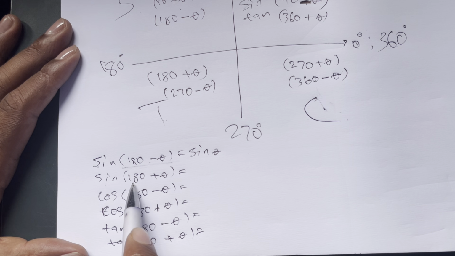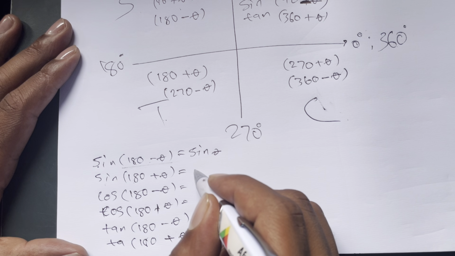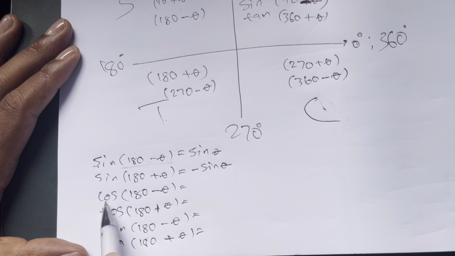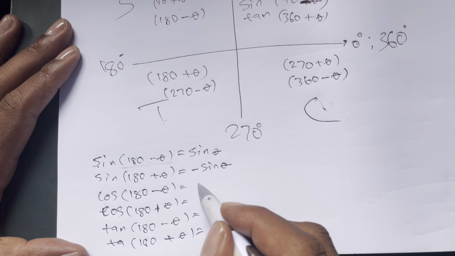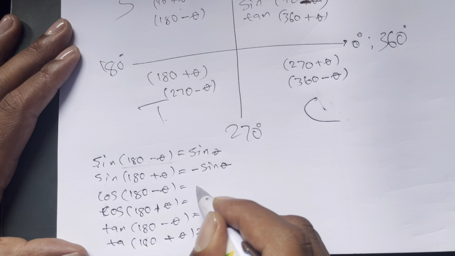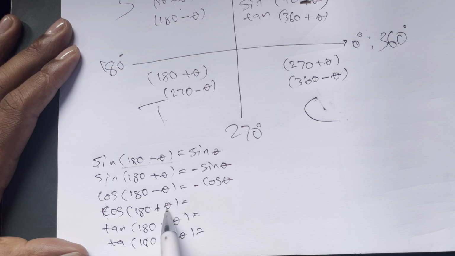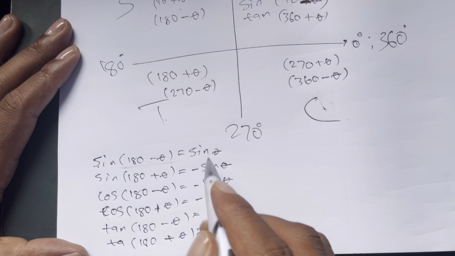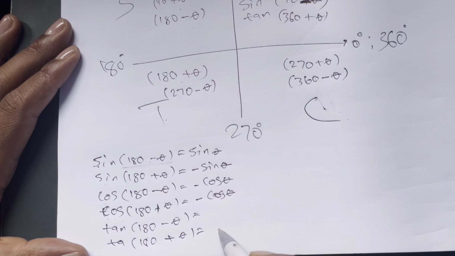Then you have sine into 180 plus theta. 180 plus theta is in the third quadrant, so it's going to be negative sine theta. You have cos into 180 minus theta, which is the second quadrant, so cos will be negative. Cos into 180 plus theta, third quadrant, negative cos theta.